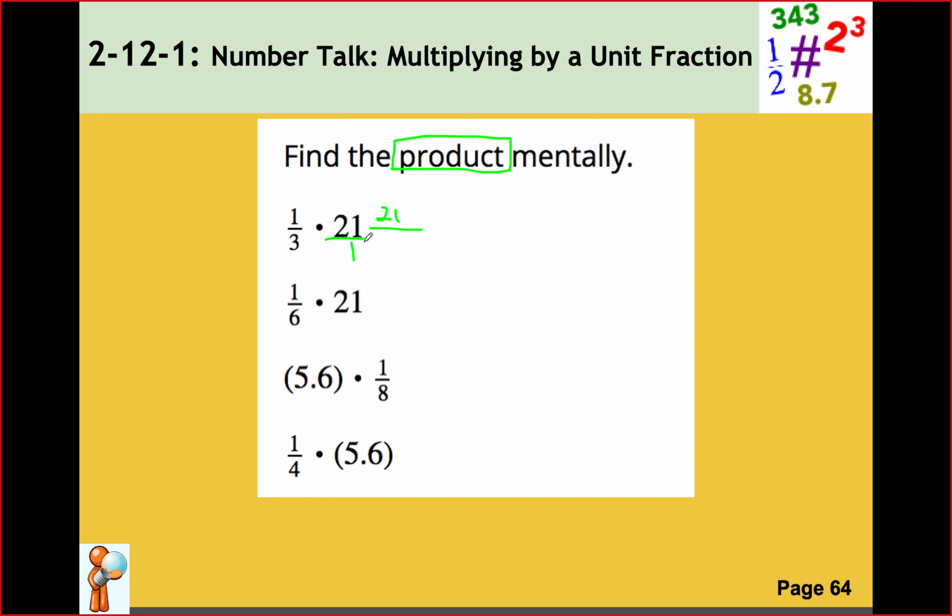And then 3 times 1, which is 3. So it's really 21 divided by 3. And 21 divided by 3, I know that 3 goes into 21 7 times. So the product is 7.